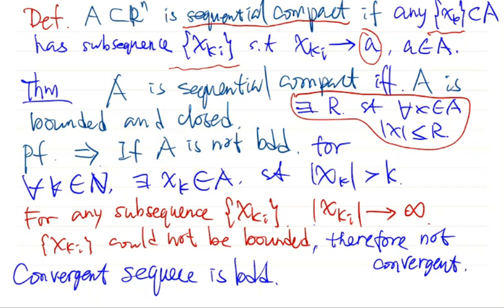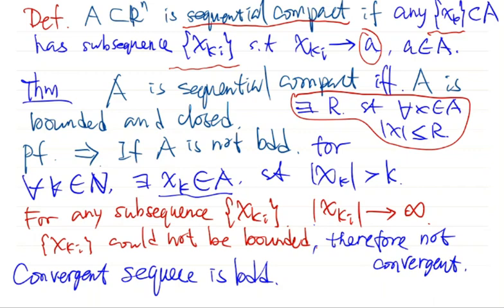So from the assumption that A is not bounded, we can construct a sequence xk in A such that every subsequence is unbounded, therefore could not be convergent. This is a contradiction to the sequential compactness of A. So this proves the boundedness in the only if part of this theorem.